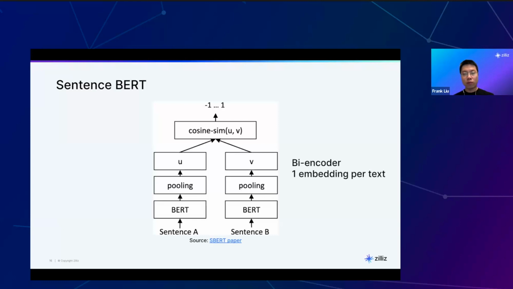Before I move any further, this is called a bi-encoder, and it gives you one embedding per text. And that is really what we want. We want a compressed, single embedding representation for long-form text, right?